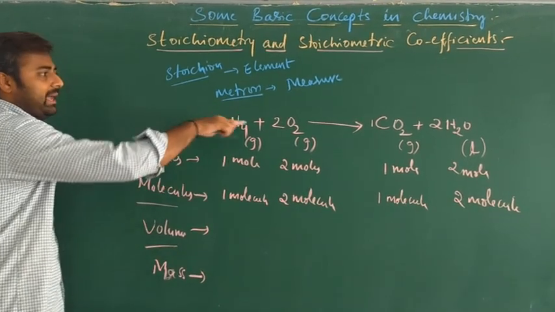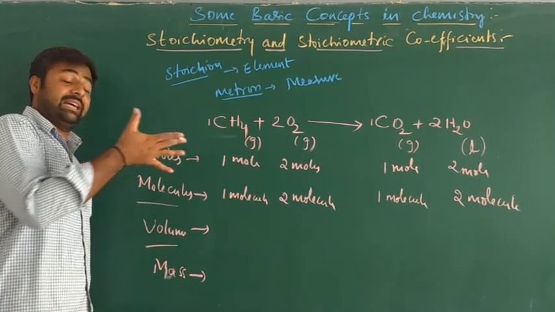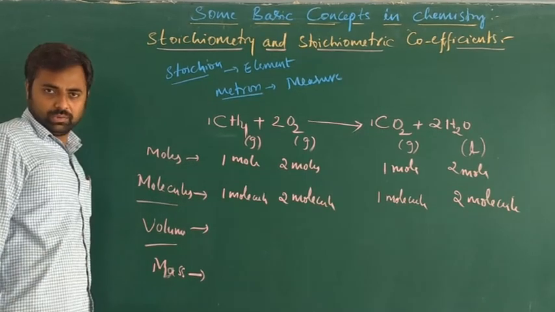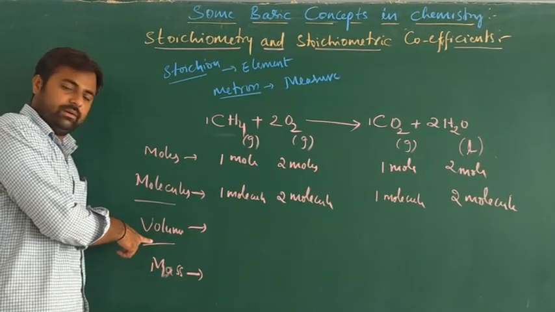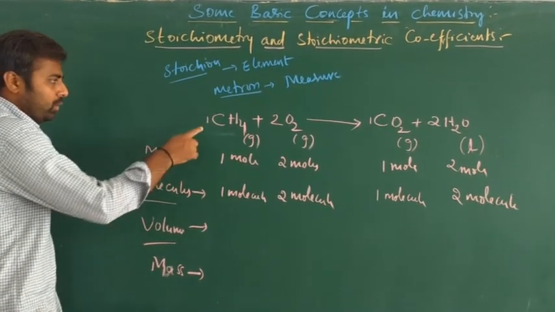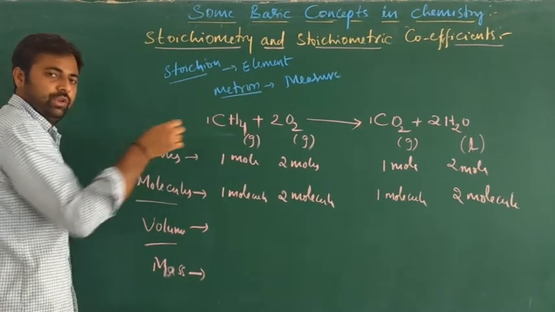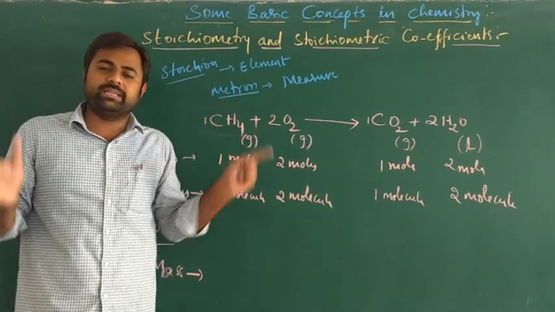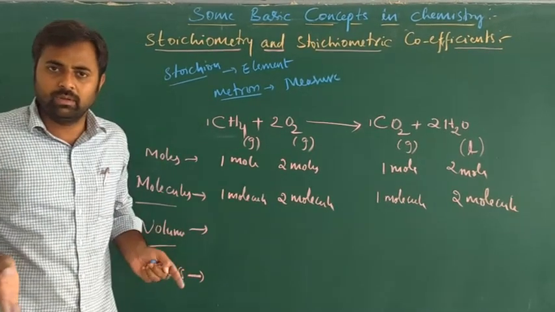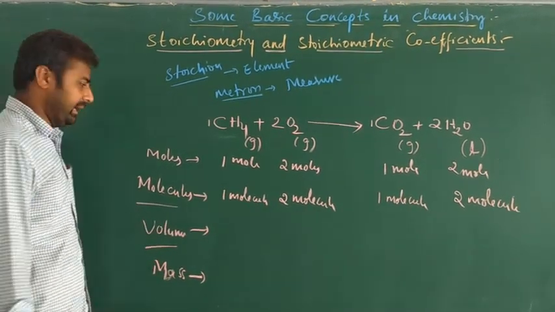You can also explain the equation if it contains gaseous molecules. You can explain the equation in the form of volume, right? 1 mole of methane, we know that 1 mole of methane occupies how much space, how much volume? 22.4 liters, right?